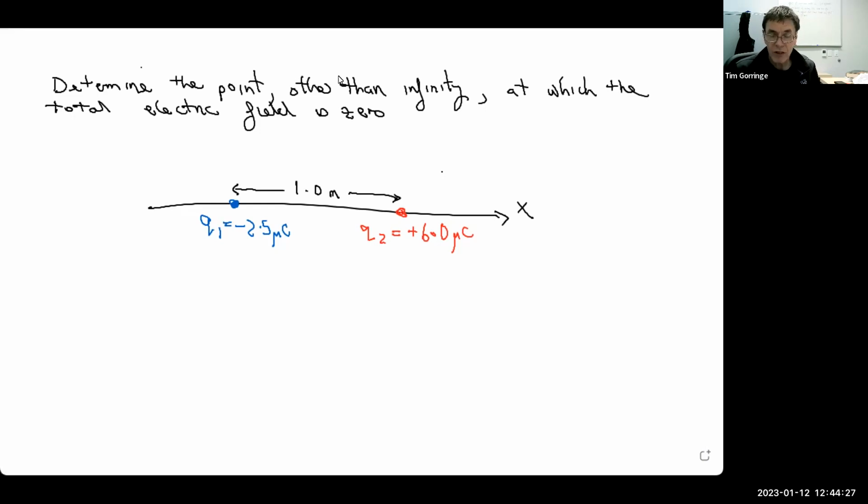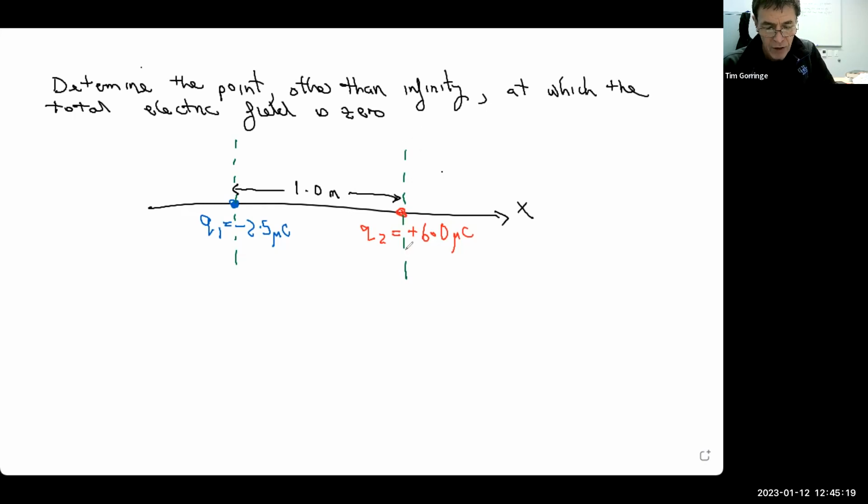And then once I know the answer to that qualitative question of what region the fields cancel, I'm going to figure out exactly the location where the field of charge 1 and the field of charge 2 are exactly, precisely equal and opposite. So I've divided the x-axis up into 3 regions.